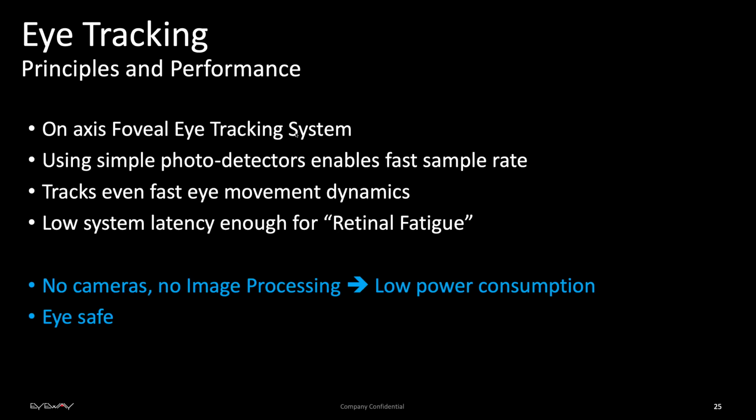It has a simple photodetector, a photodiode, and it tracks the eye motion as fast as the eye moves, simply because we use very small MEMS mirrors, which almost do not have any inertia. It is very low latency, simply because it doesn't have to do any processing. We do not use cameras, we do not do any image processing, and therefore it has very low power consumption, and it is eye safe.